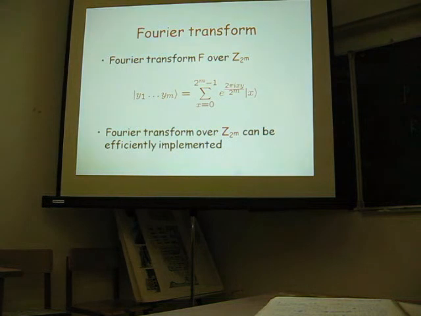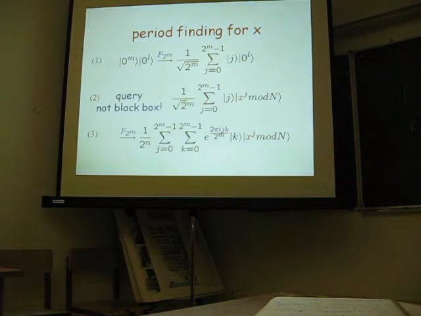Won't have time to show you all this, but what I can show you is the scheme of this period finding algorithm, and I'm just showing this because it resembles so much the Deutsch-Jozsa algorithm. It has these 3 steps. The first step is the preparation, where you start out with zeros, you apply your Fourier transform, and you get this superposition. You could even take Hadamard in this first step.